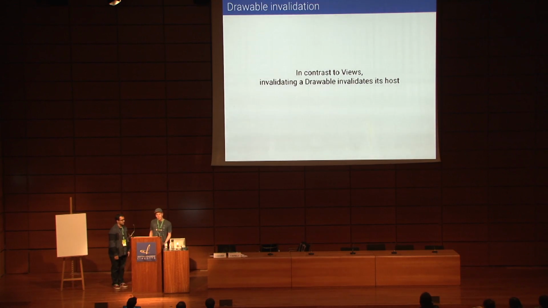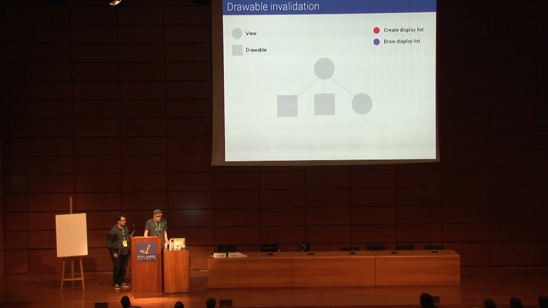As Pasquale was mentioning, there are these drawable callbacks which are implemented by views. When a drawable calls invalidate self, it will really just invalidate the view that it's hosted in. This means when you're invalidating a small drawable inside a big view, the big view will be invalidated.